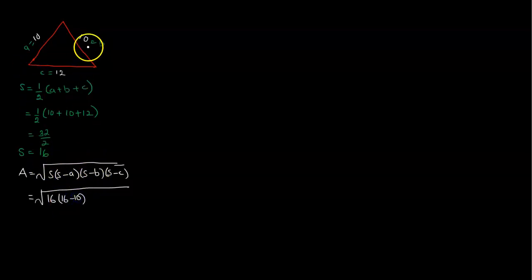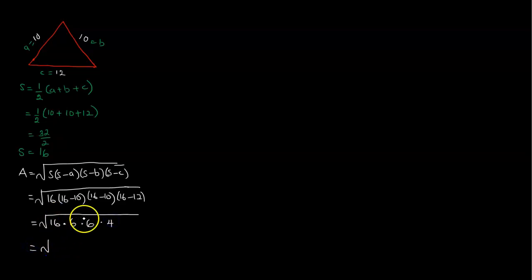S minus b is also 16 minus 10. S minus c is 16 minus 12. This is the square root of 16. 16 minus 10 is 6. 16 minus 10, 6. 16 minus 12 is 4.